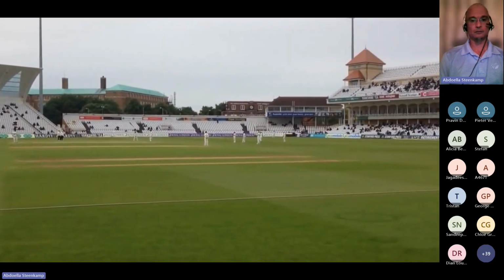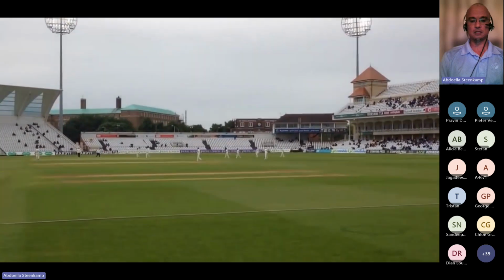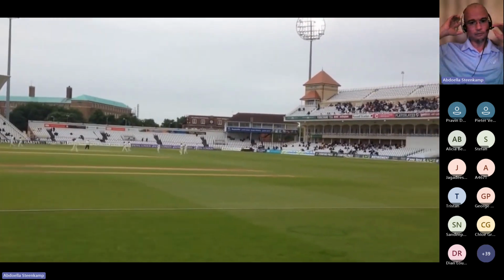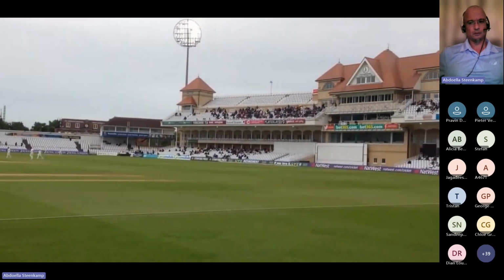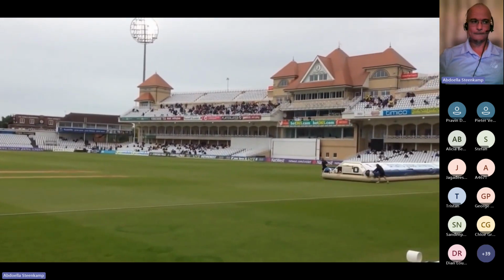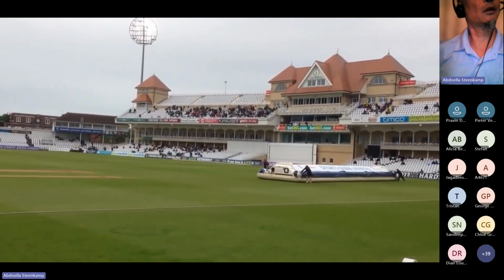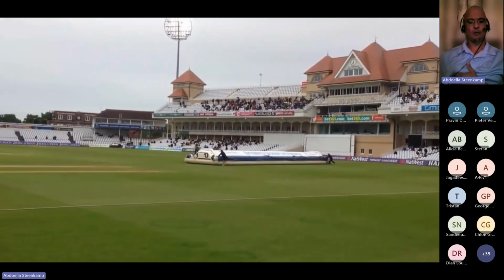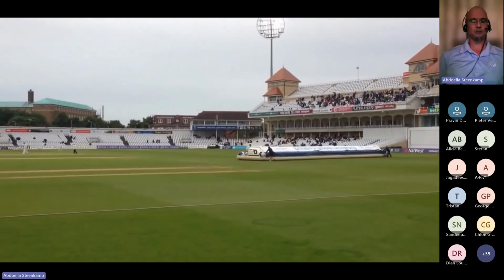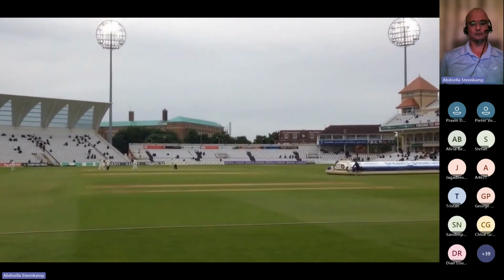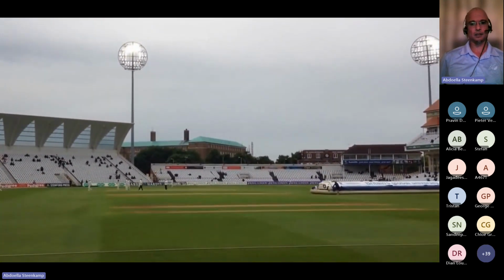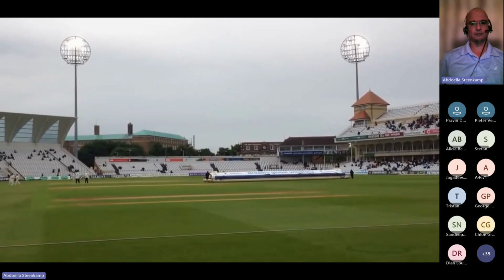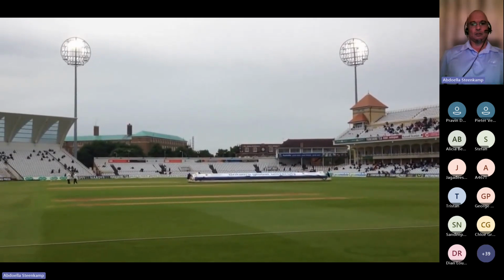This is the scene at Trent Bridge, Nottingham. Second day, game between Nottinghamshire and Durham. As I speak, it started to rain. Special cover was being brought into play and brought to the centre to cover the wicket. Cover the whole of the wicket.